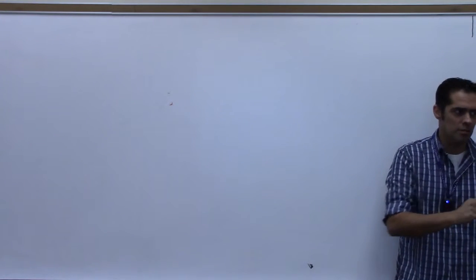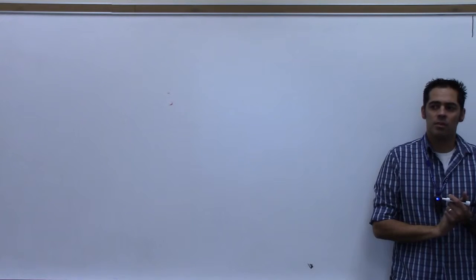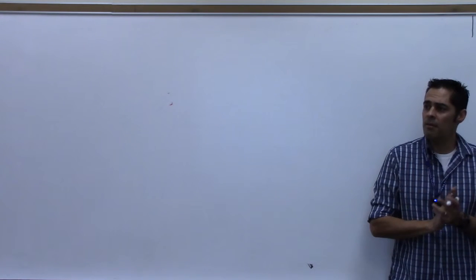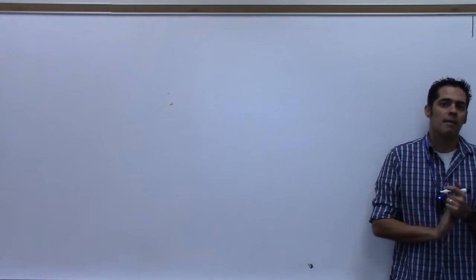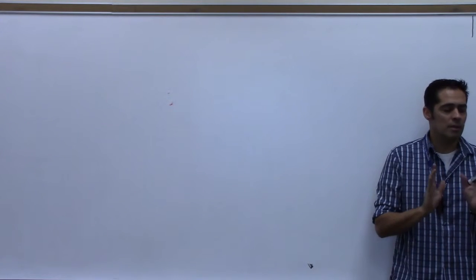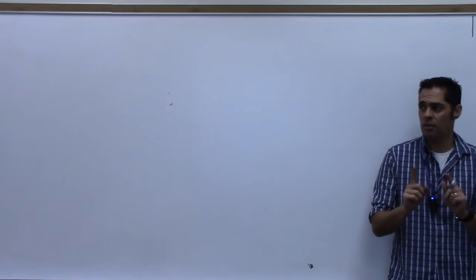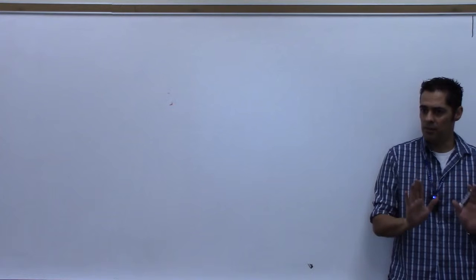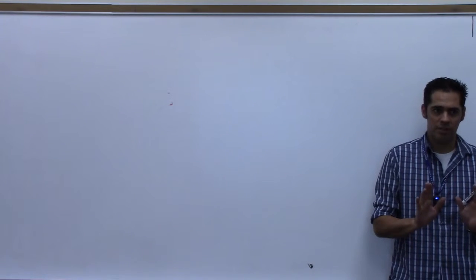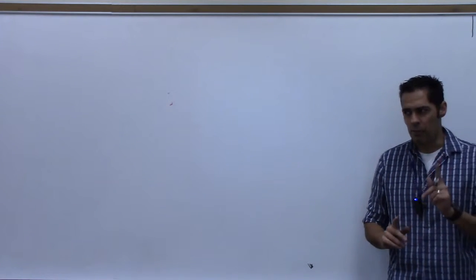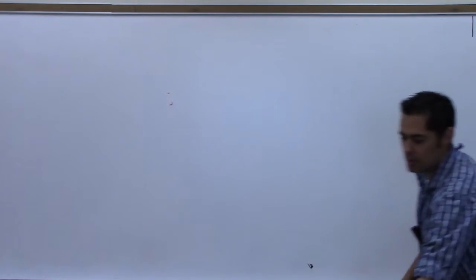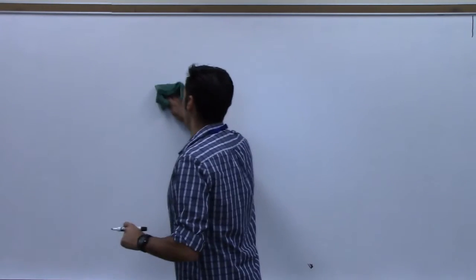Some of you, I know you don't, but if you've used completing the square in the past, what I'm about to talk about is extremely important. Even if you understood completing the square, you need to pay attention because we have a little bit of an issue. Let's recall what it was.